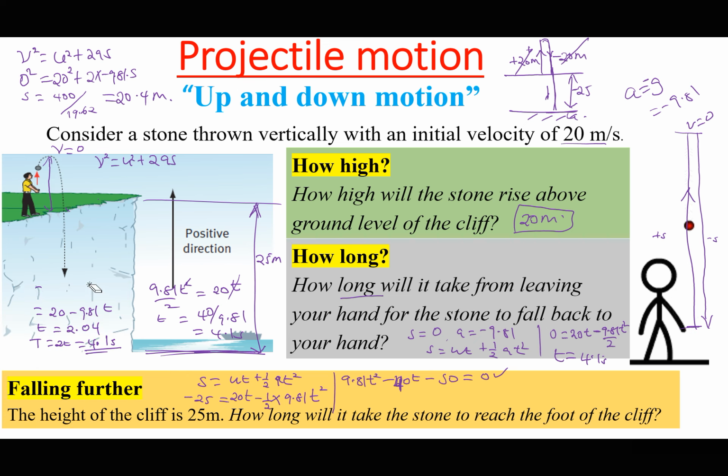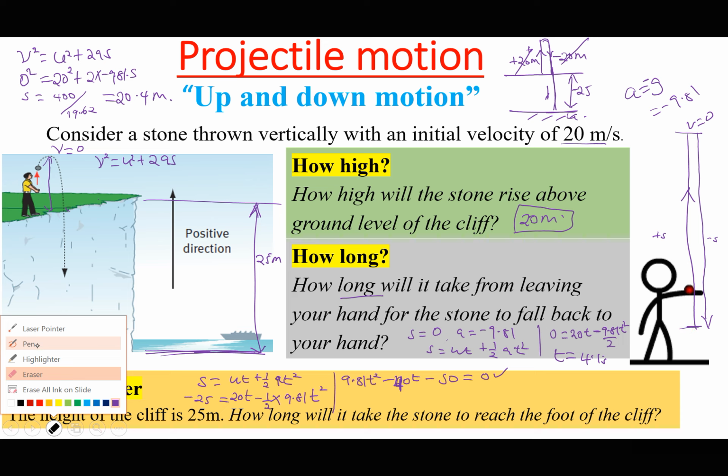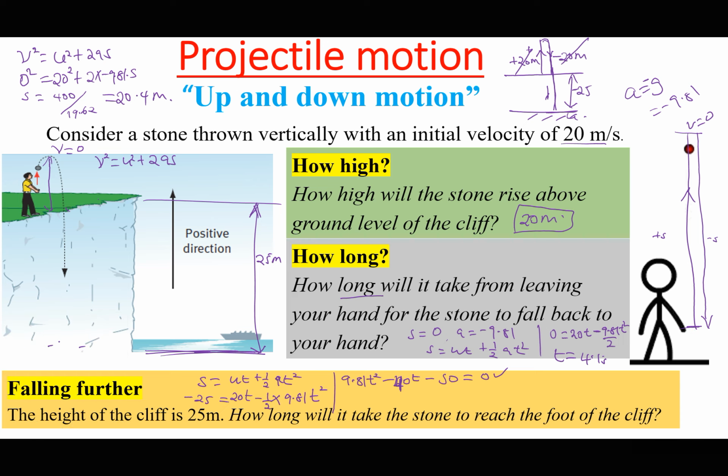I'm going to consider the body when it is just starting to fall from the highest point, which means its initial velocity is 0.